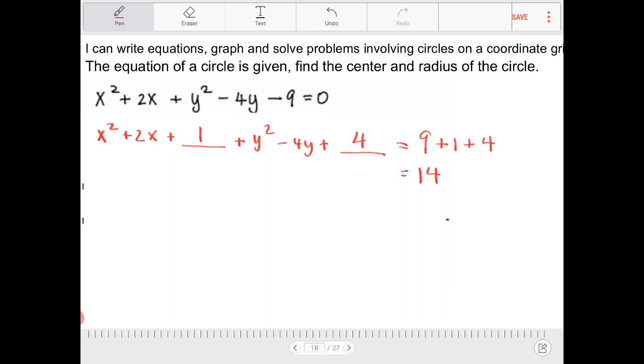On the left-hand side, this is a perfect square, and this is a perfect square. This is x plus 1 quantity squared, and the second half is y minus 2 quantity squared. So to answer the question, find the center and radius of the circle: the center is located at negative 1, 2, and the radius is equal to square root of 14.